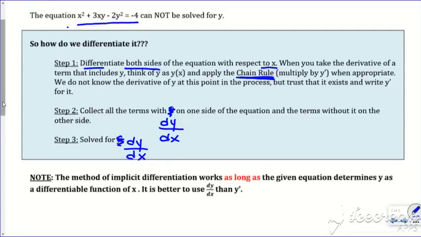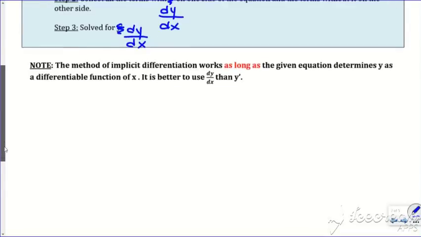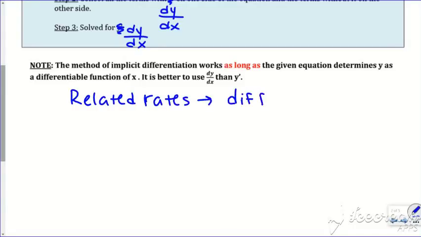And the reason I'm being a little bit picky about dy dx is when we get to something like related rates. Just a preview. Related rates, we're going to differentiate with respect to many variables.